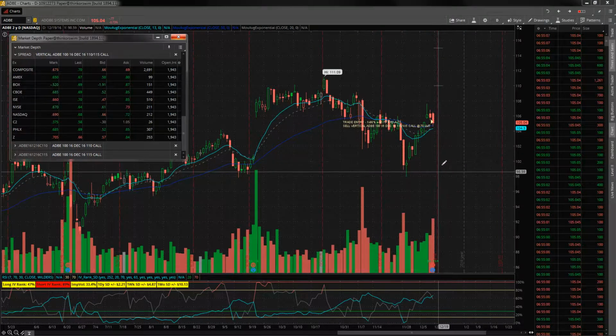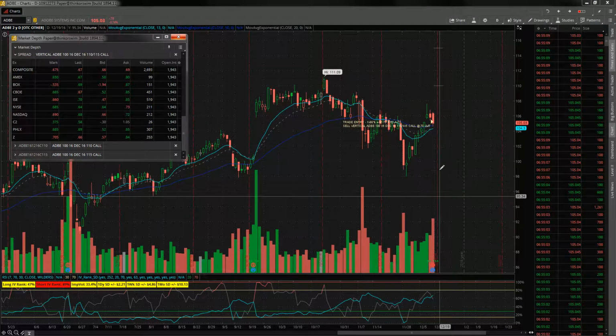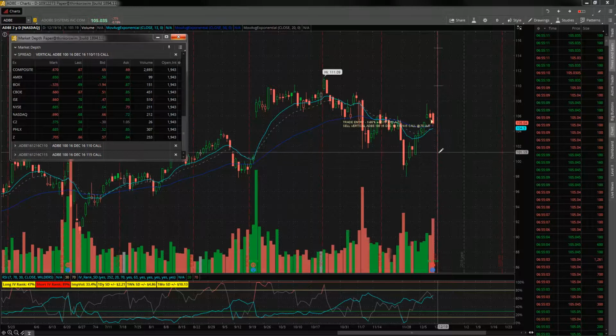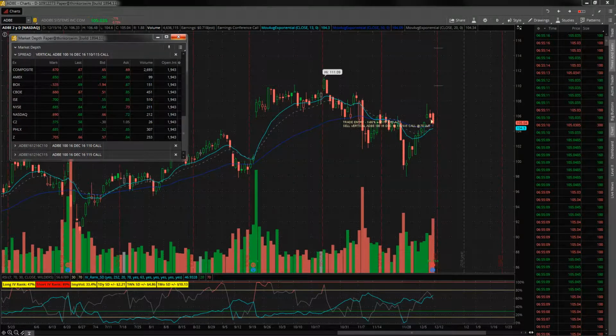Like I was saying, I could also enter a 195, and then basically if it stays anywhere between 100 and 110, I would make $7.35 per contract, let me just work that out.